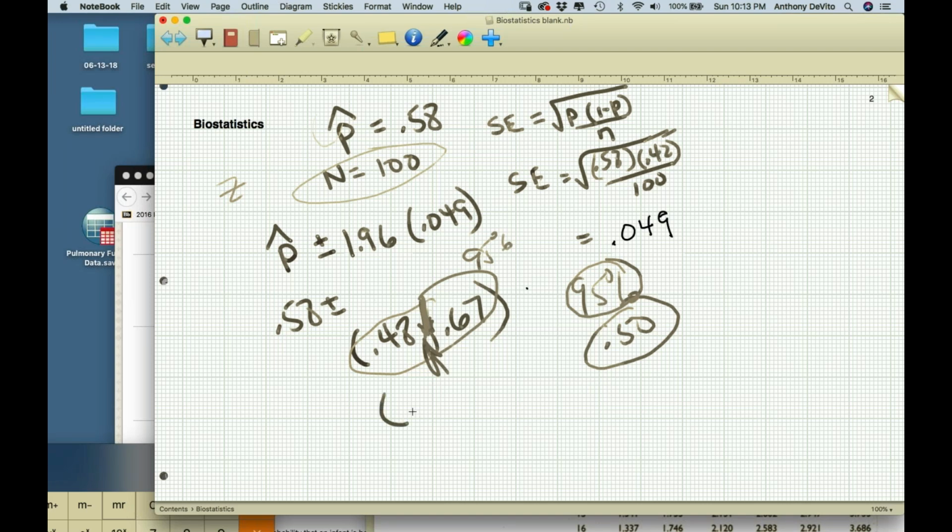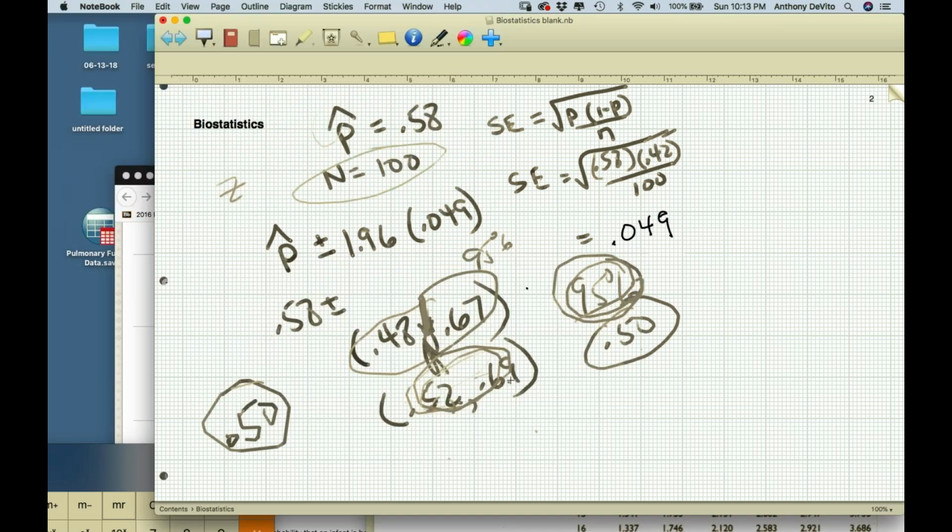Had our confidence interval come out to be 0.52 to 0.69, right, I could have said I'm 95% sure it's not 0.5. Why do I say that? Because I'm 95% sure it's above 0.52 and lower than 0.69. So the true population proportion, I'm 95% sure, is not this.